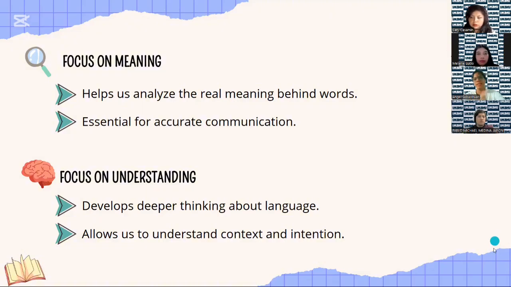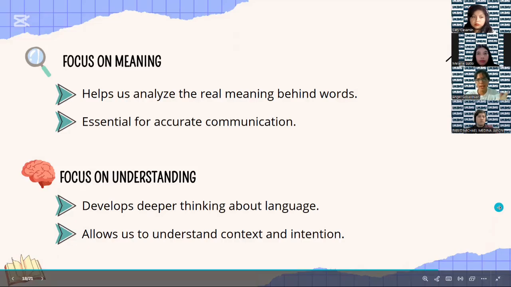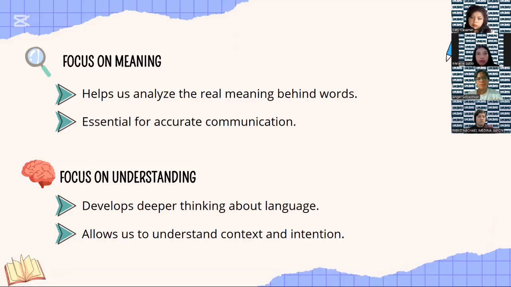And even in technology, especially in artificial intelligence, semantics plays a central role. When you talk to a voice assistant like Siri or Alexa, or when you chat with AI tools like GPT, you are not just processing words. They're trying to understand what you mean.